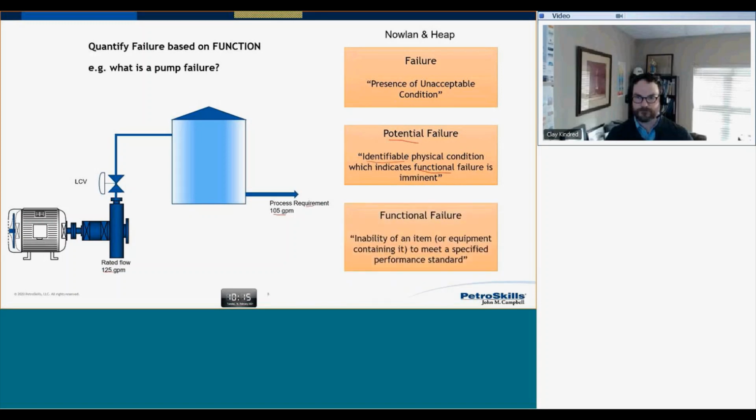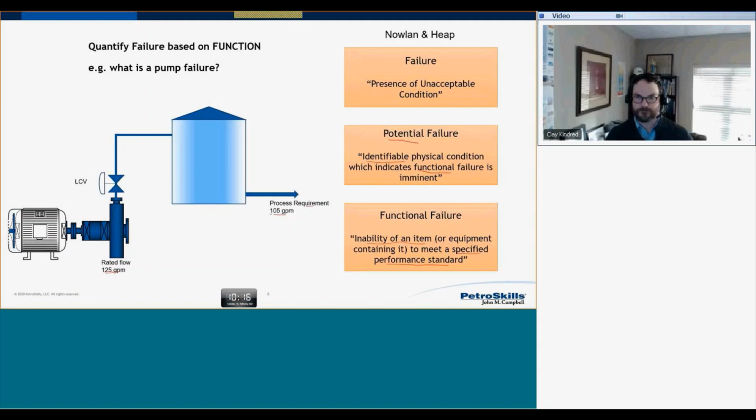They then went on to say, all right, functional failure. Now we're starting to get somewhere. A functional failure is the inability of an item to meet a specified performance standard. Now we're getting somewhere, guys. So what it means is, if I go back to my simple pumping system here, the function of this pump is not to provide flow at 125 GPM, because I don't need 125 GPM.